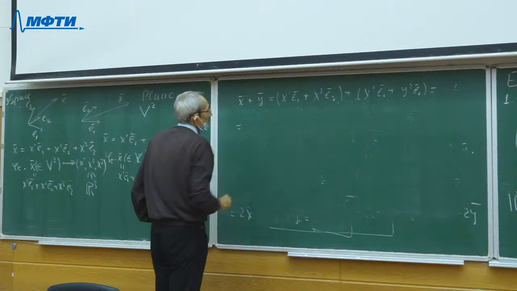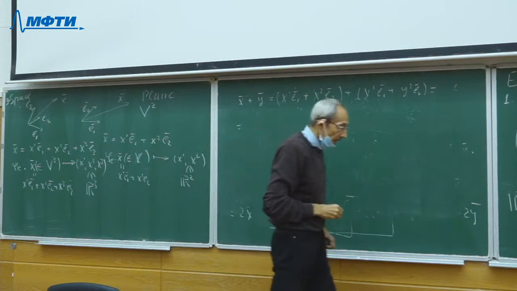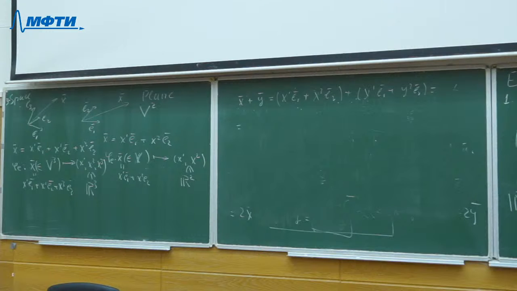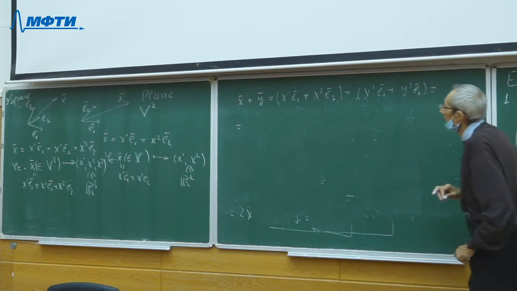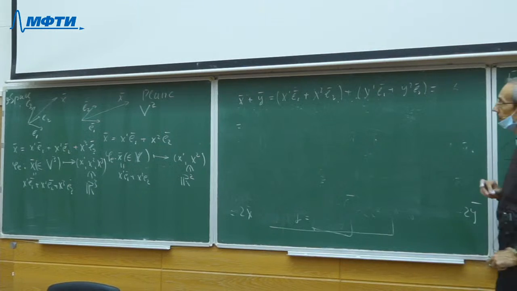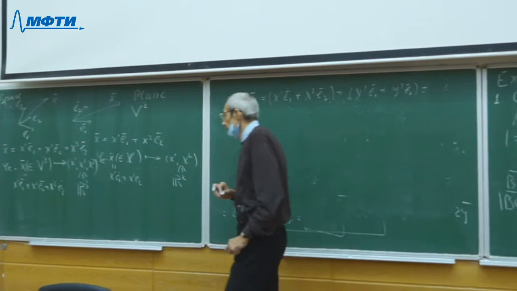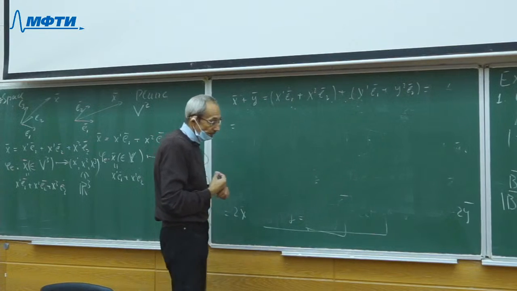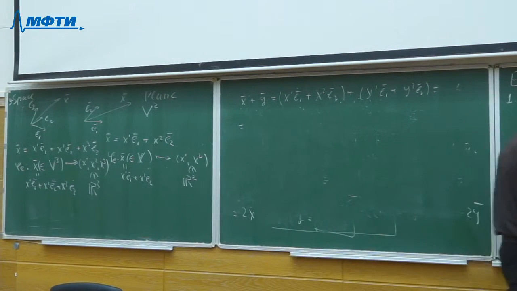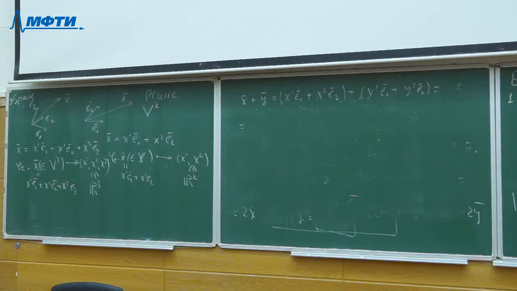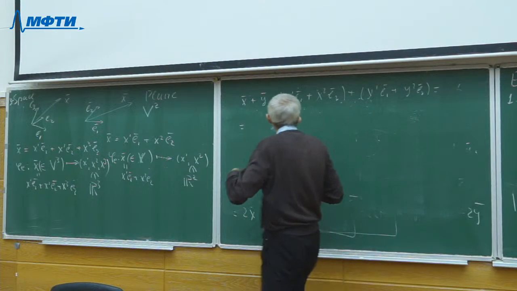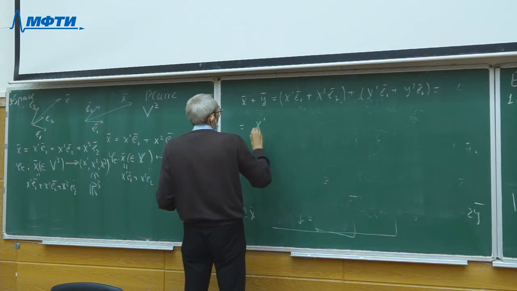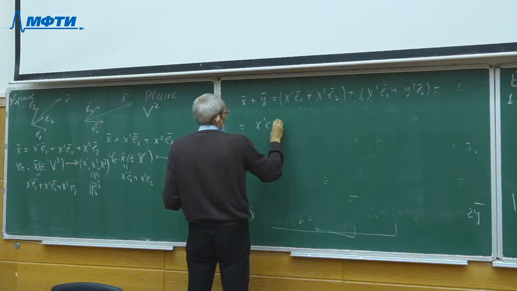After that, using the properties of the vector operations, namely the commutativity property and associativity property, we can permute the summands and obtain this expression.